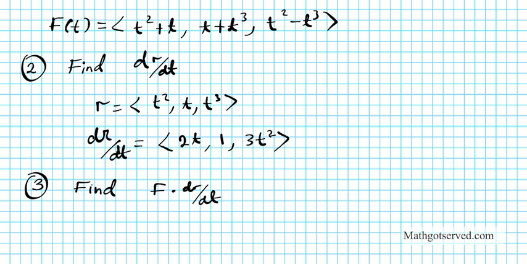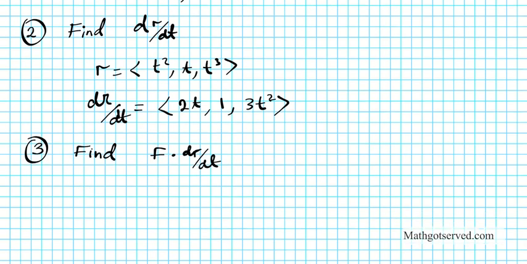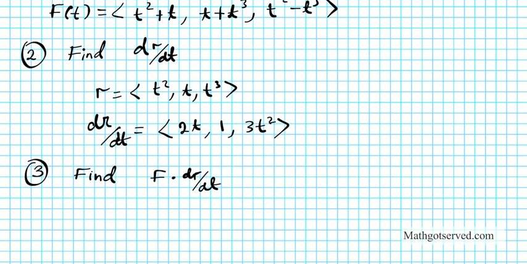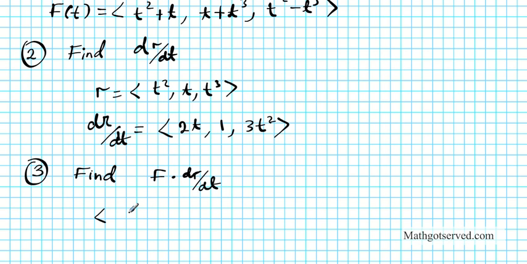Remember, these two are vectors, but our result is going to be a scalar function. So we're dotting t squared plus t, comma, t plus t to the third, comma, t squared minus t to the third. This is f. We're going to dot it with the dr/dt that we derived up here by differentiating the position function.